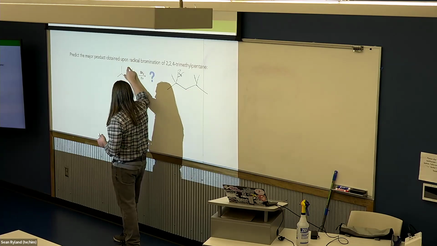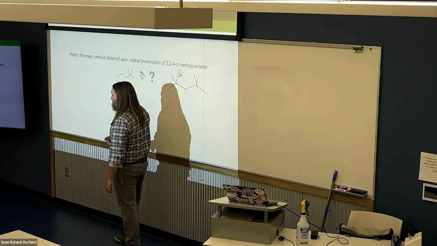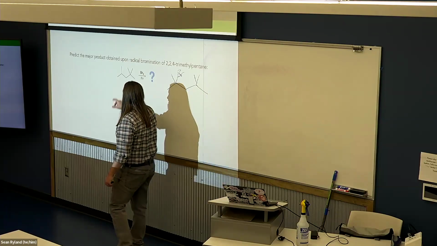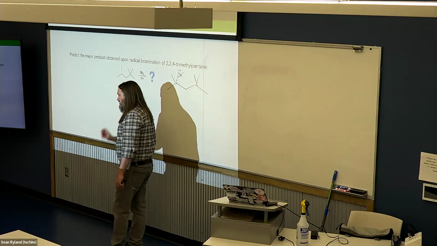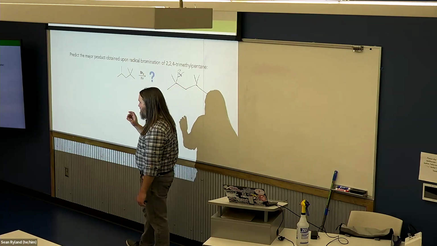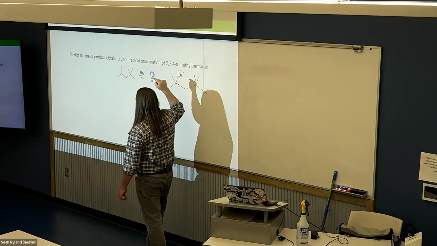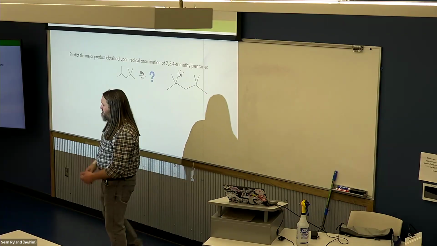This one's more stable, but there's a lot of options there, so they'll kind of cancel each other out. And you might have almost the same amount of this product versus that product. I don't expect you to know that off the top of your head. What I do expect you to know is that if it's bromine, you get one product. And if it's chlorination, you get a bit of everything.